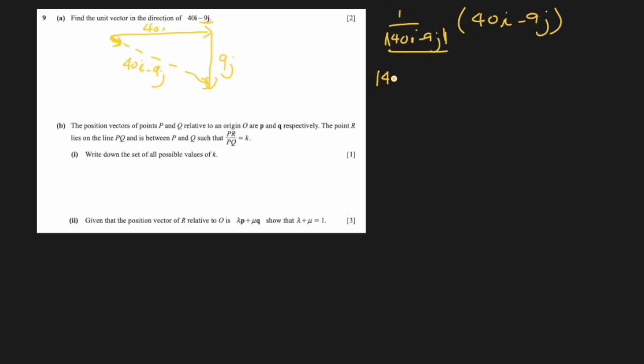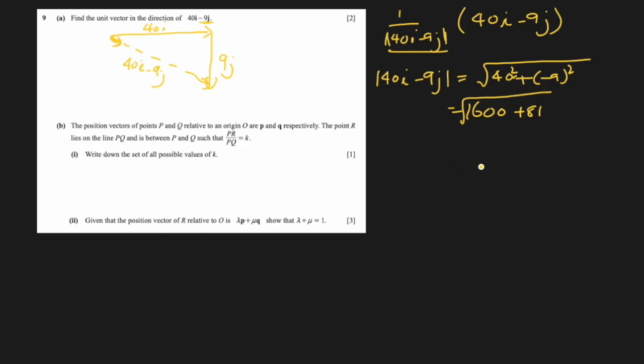So the magnitude of 40i minus 9j will be square root of 40 squared plus minus 9 squared, 1600 plus 81. So it becomes square root of 1681, which is 41.